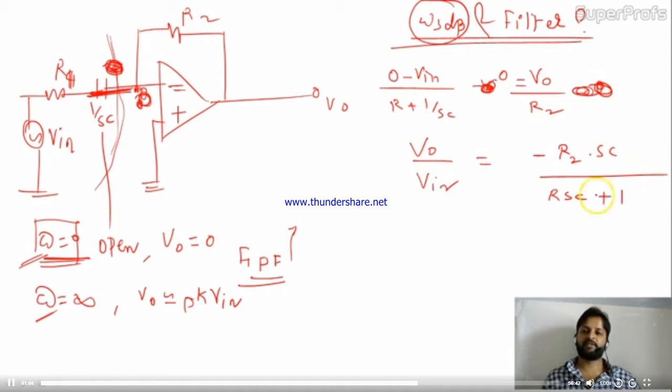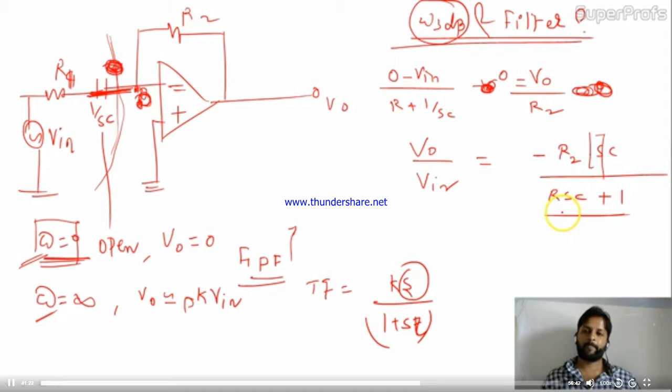Okay friends, so this is the type of HPF equation. We have seen that the transfer function for the HPF was Ks divided by 1 plus S tau, like this. So we are getting a zero, and these are the poles. Now omega 3 dB.